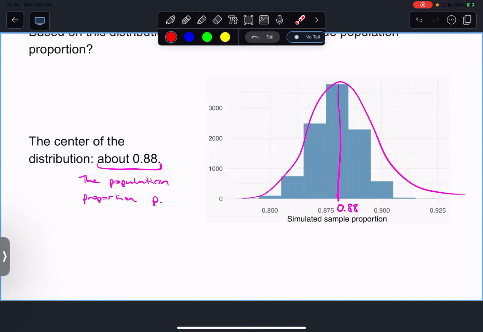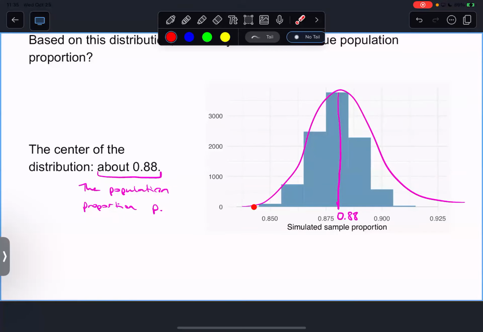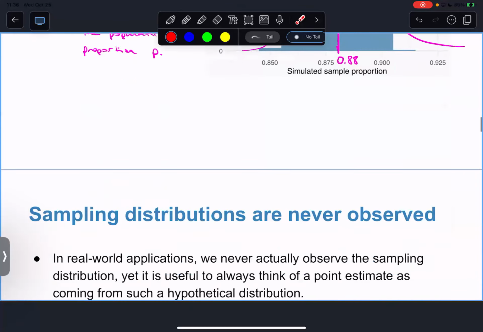You've done your best to collect a random sample and you've checked all these boxes, and for all you know, your sample is perfectly representative of the population. What we don't know is where it would fall on this number line. You could just have a fluke random sample somewhere down here in the tails, okay? And that's where the uncertainty comes in. We assume that we're hanging out around here in the center, but we actually don't know because we only collect one sample.